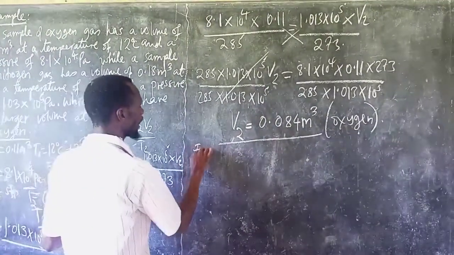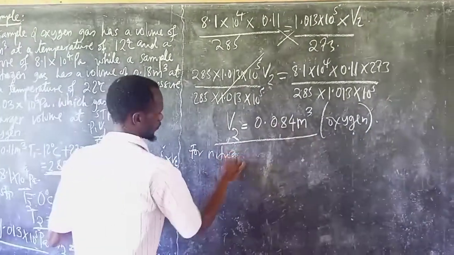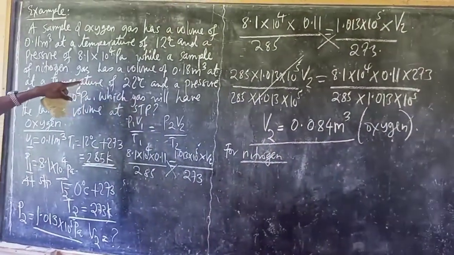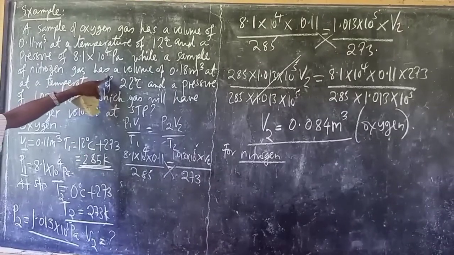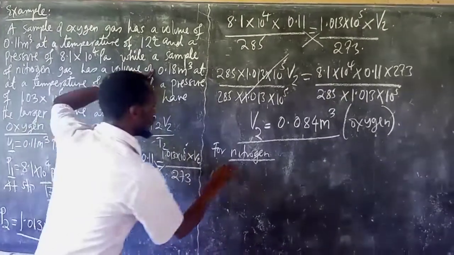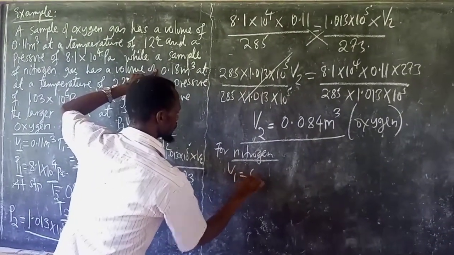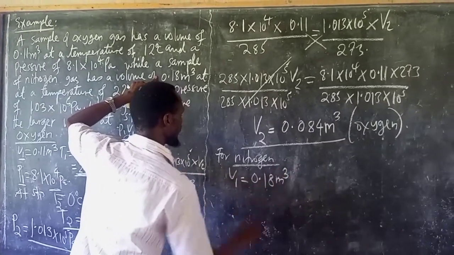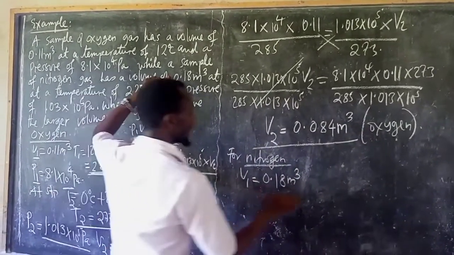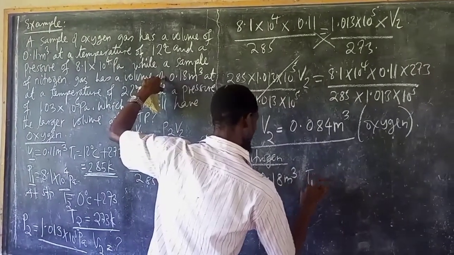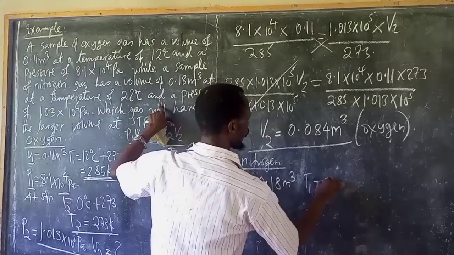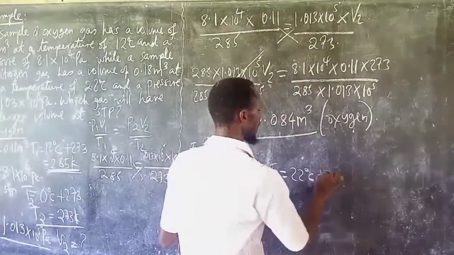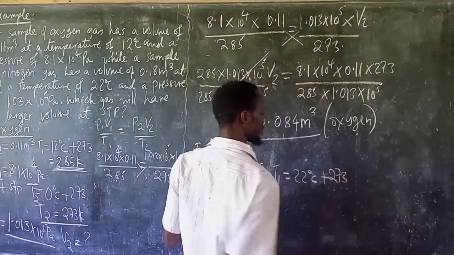Then let's do nitrogen. When you look back to the question, the sample of nitrogen gas has a volume of 0.18318 meter cubed at a temperature T1 of 22 degrees Celsius. We convert into Kelvin by adding 273.